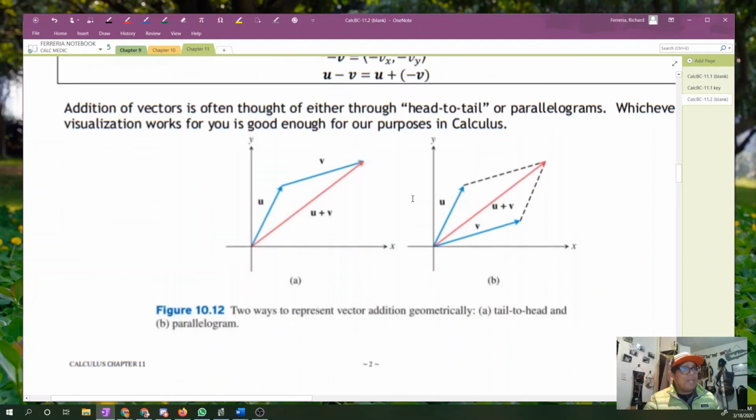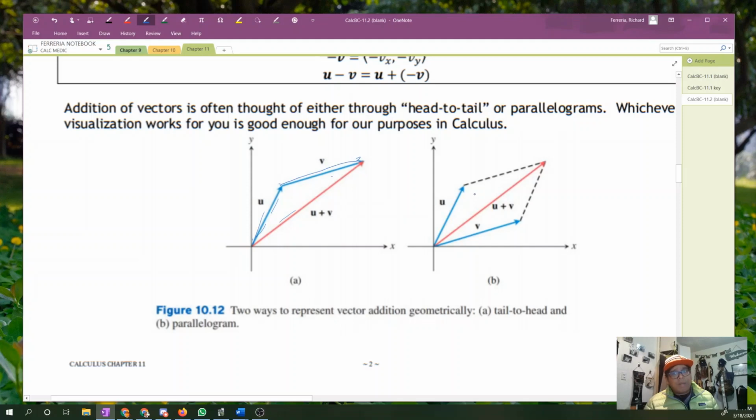And then over here, addition of vectors is often thought of in one of these two methods, either A or B. This is what we call head to tail or tip to tail. If we're adding u and v, then we take u and we take v and we translate it so the tail of v is at the tip of u, and wherever the tip of v ends up, that's going to be u plus v.